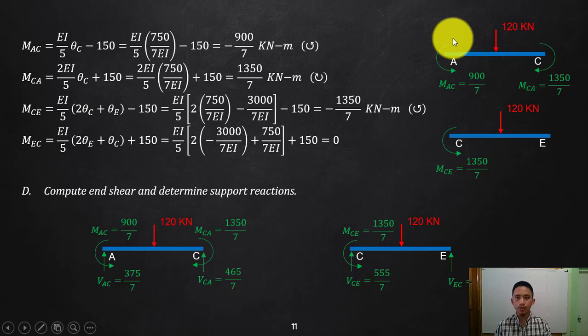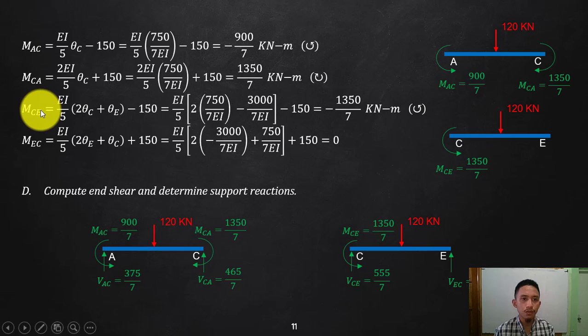Okay, so these are the moments that will be exposed if I try to cut just before the supports. So that is a negative, therefore it is counterclockwise at point A, which is 900 over 7. And then MCA, substitute theta C again, you will have here positive 1350 over 7, which is positive, it is clockwise. So this is now my member AC with its end moments.